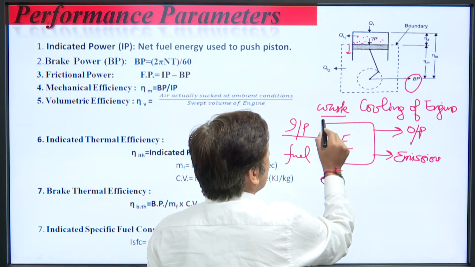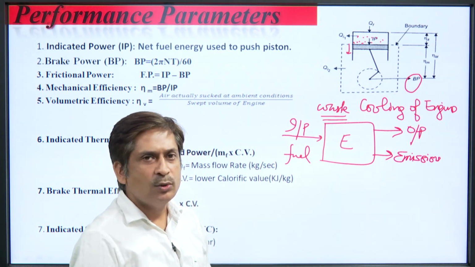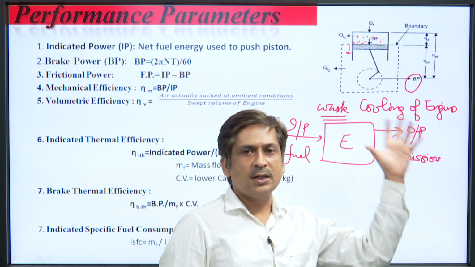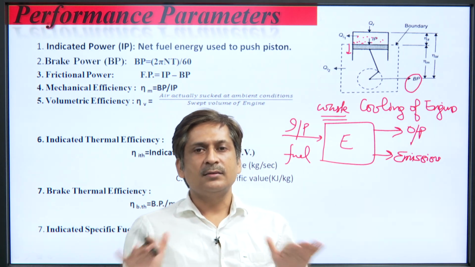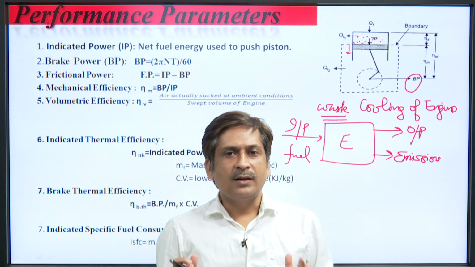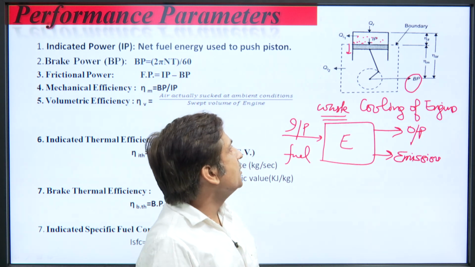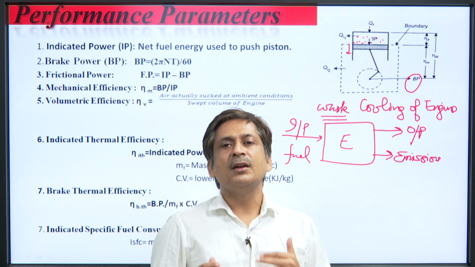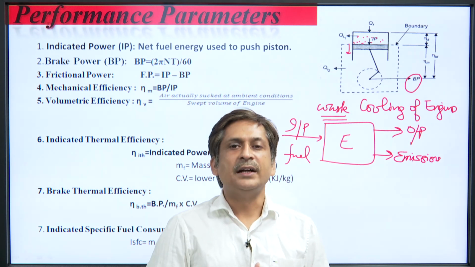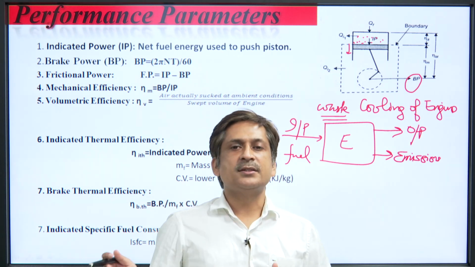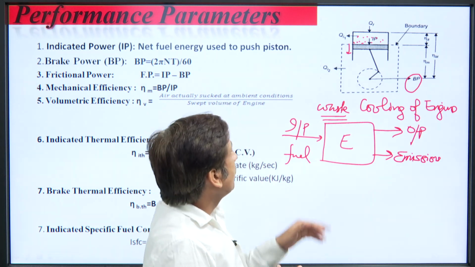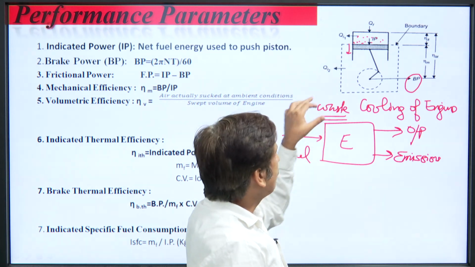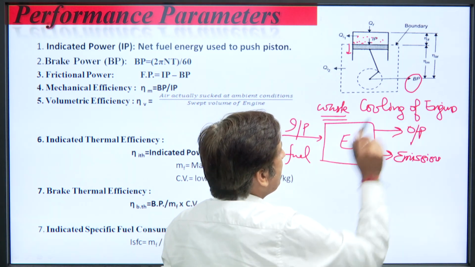We cannot make it 0. Why do we need cooling? So that the temperature and metallurgical condition of the cylinder, piston, and all the components of the engine remain within limits. Otherwise there will be thermal stresses in the engine, and the engine will get damaged or fail, and will not complete its life. So some part of the energy from the fuel goes to the cooling of the engine.